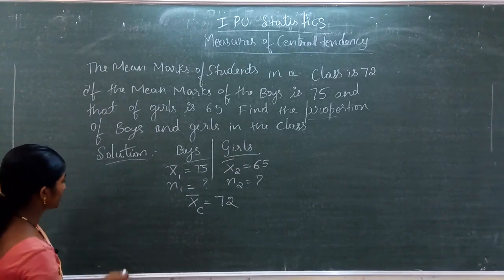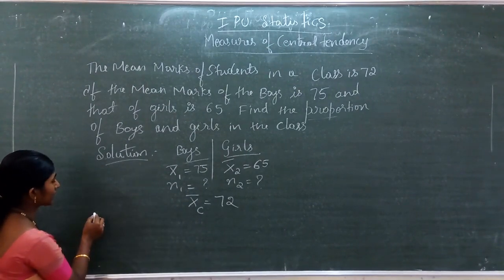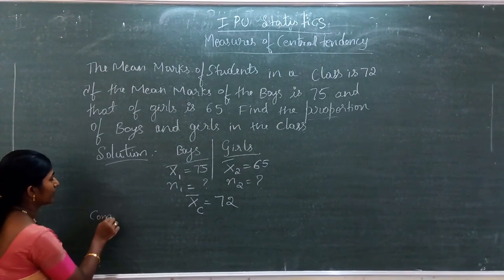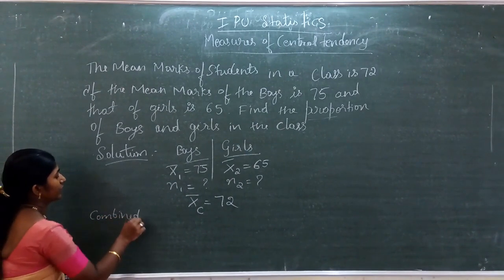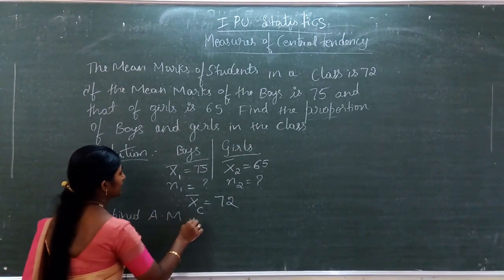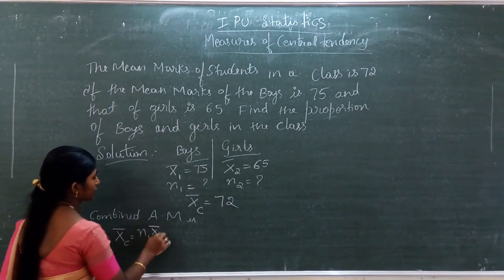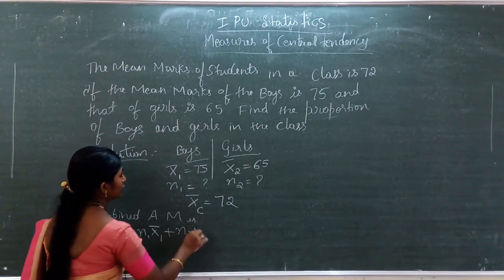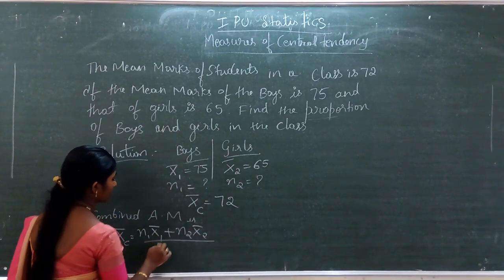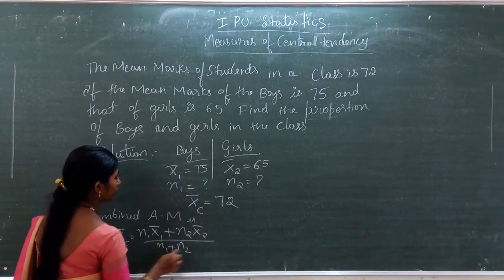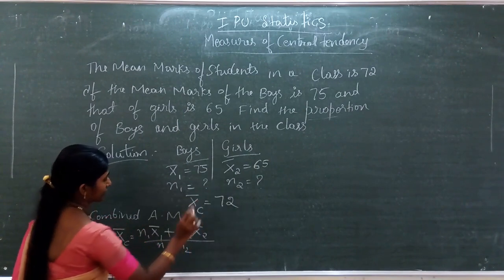Now here we will take the combined arithmetic mean. Combined arithmetic mean is x bar c equal to n1 x1 bar plus n2 x2 bar divided by n1 plus n2. n1 and n2 take as it is.